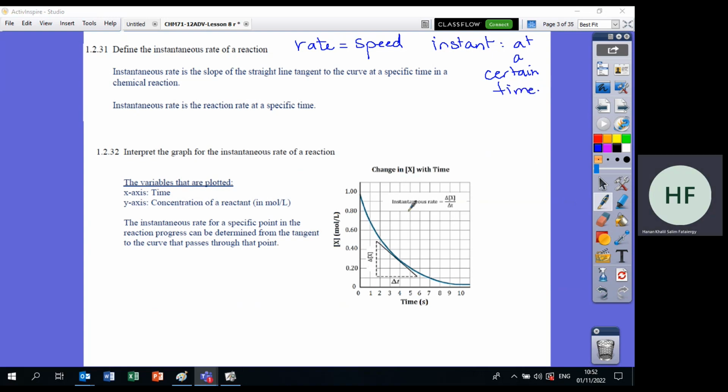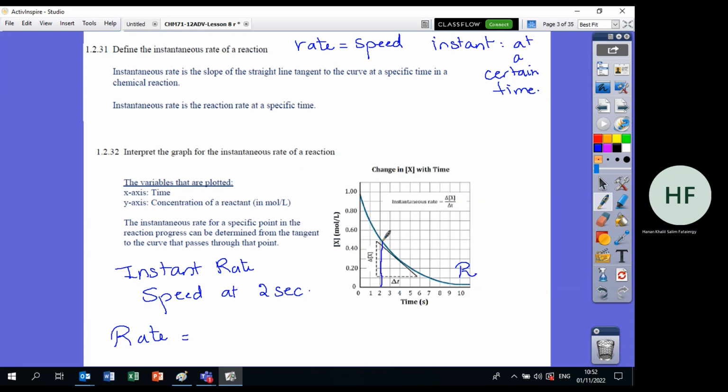So for example, if you look at this graph, what does this graph represent? Of course, this graph starts from 1 and it is decreasing, so this is a reactant. Now, if I ask you to find the instant rate or the speed at, let's say, 2 seconds, the rate will be the slope at 2 seconds, so we come here, and this is 0.5.